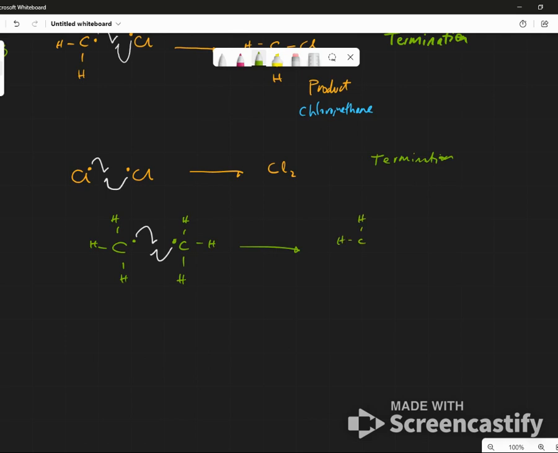And we do get this. This is one of the products. And if we got ethane, this would also be a termination, wouldn't it? That's a termination reaction. Now, you do get this, but not much of it. We get this in trace amounts, so that means we get very little of it.